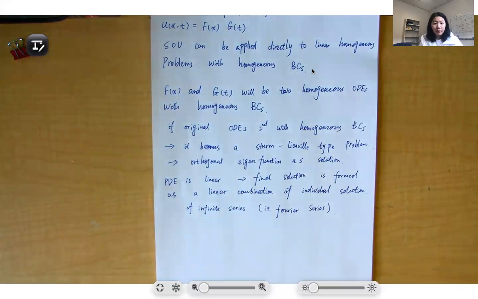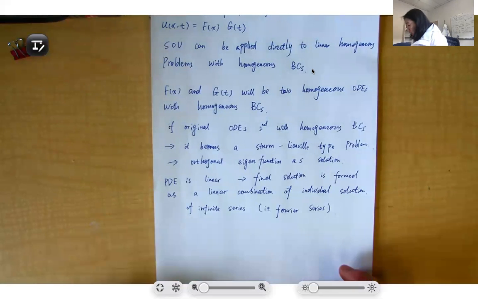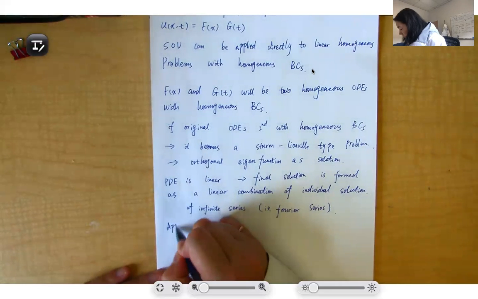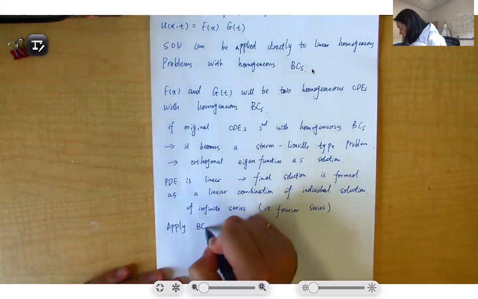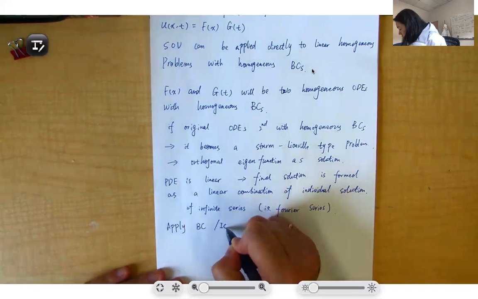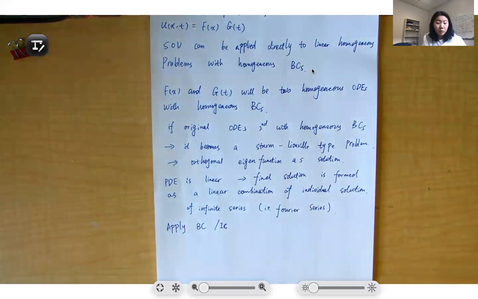And how do you solve it? Of course, we need to apply the boundary conditions to solve the linear combination part, that's the coefficients. So you will apply boundary conditions or initial conditions, whatever condition you didn't use before to solve the steady heat distribution when time is infinite.